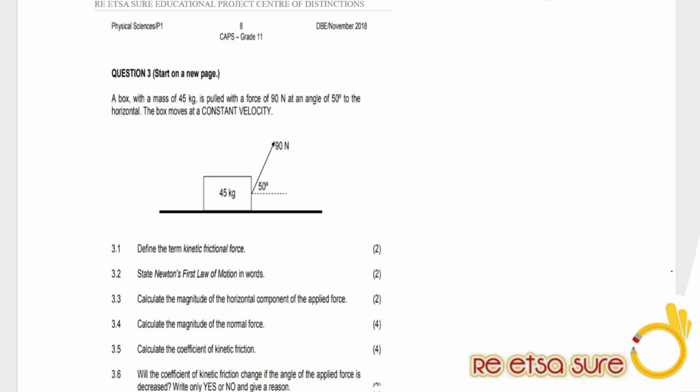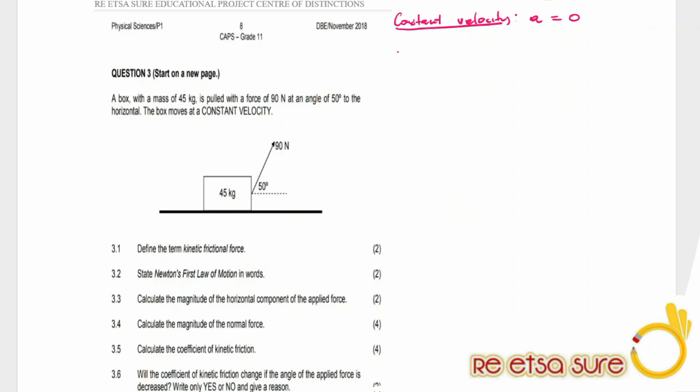Constant velocity means that our acceleration is equal to 0. Why am I saying this?